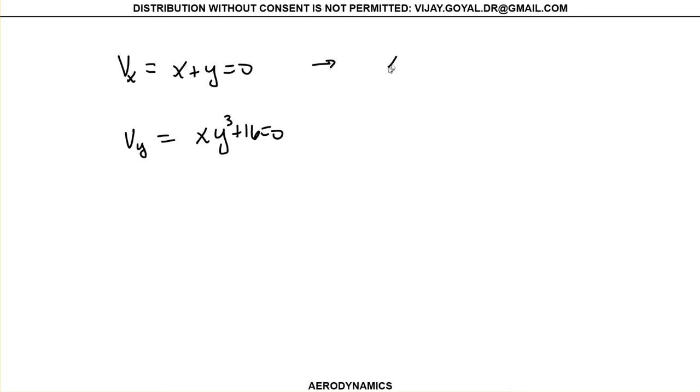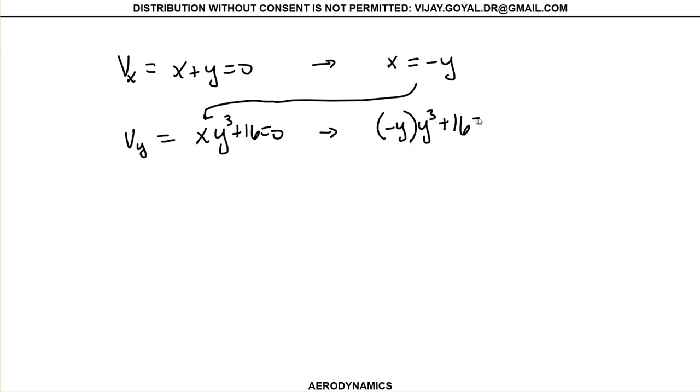From here, I see that x is equal to minus y. And then I can plug this inside here, and I will get minus y to the fourth plus 16 is equal to 0.